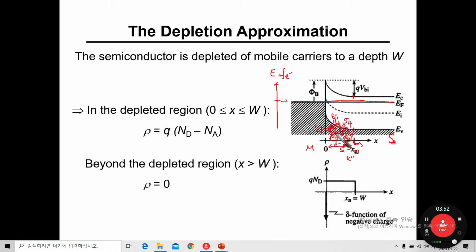You know why donor atoms are tight and cannot move in the semiconductor? As I have just drawn, four neighboring silicon atoms are tightly binding a single ionized dopant atom. So that is the main reason why the donor atoms can never be moved once they are electrically activated.